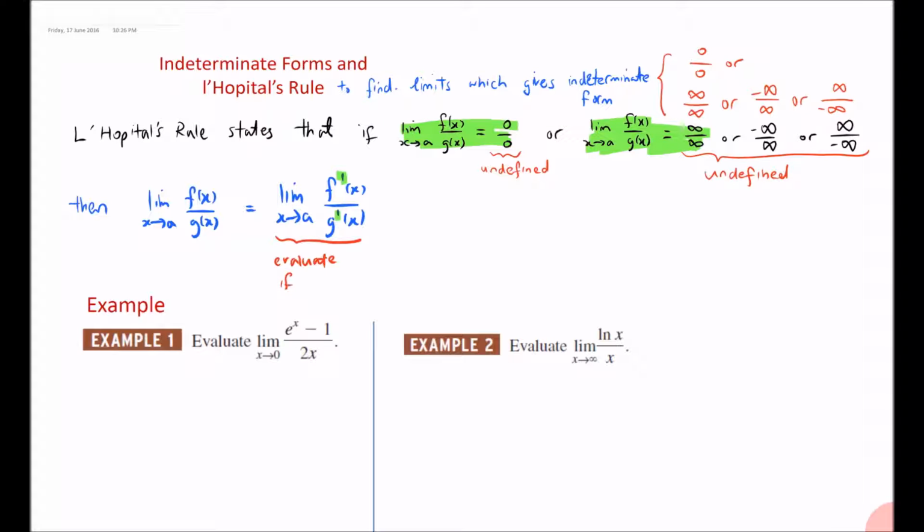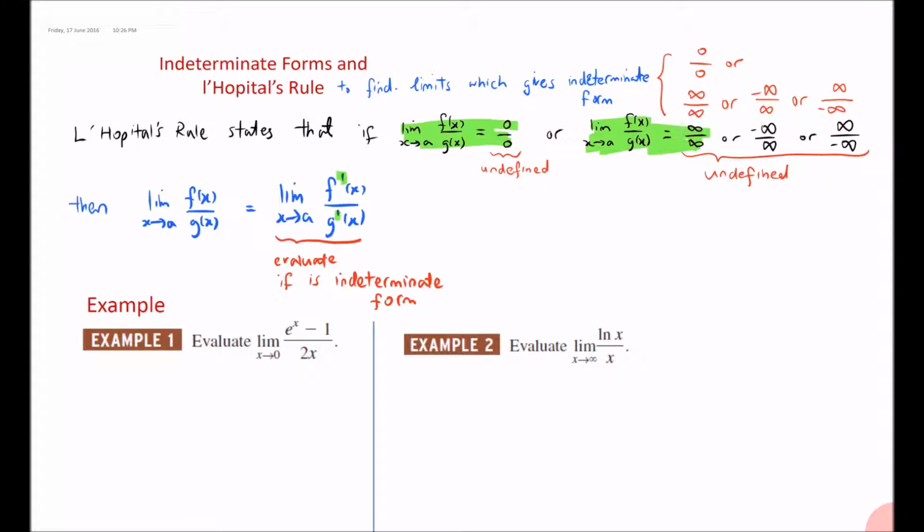If after evaluation it is again an indeterminate form, then we have to continue the differentiation process.